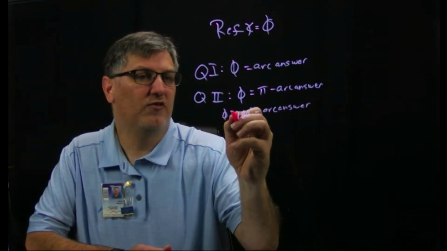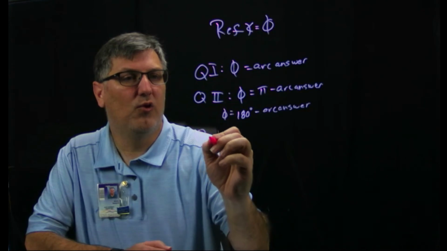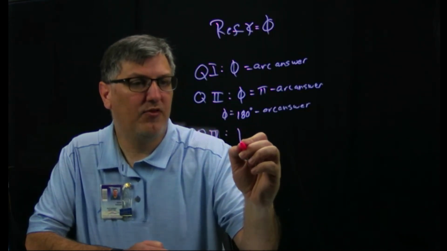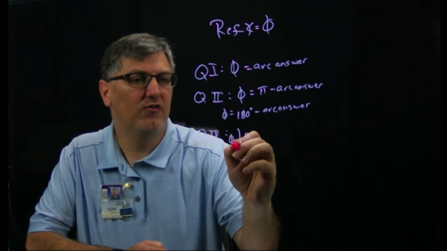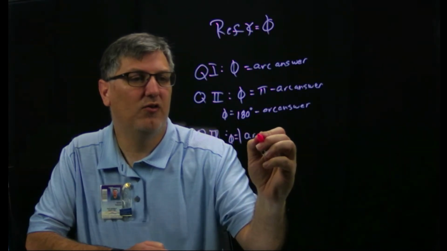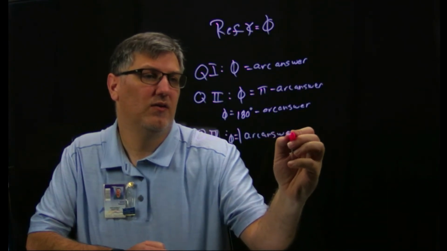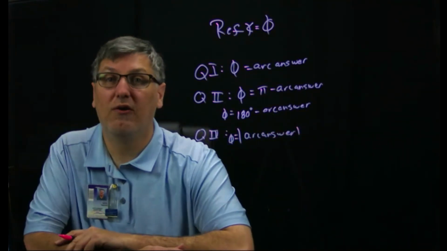And that's what my reference angle will equal. In quadrant 4, we are going to do the absolute value. Your reference angle equals the absolute value of your arc answer. All right, and that's how you find your reference angles.